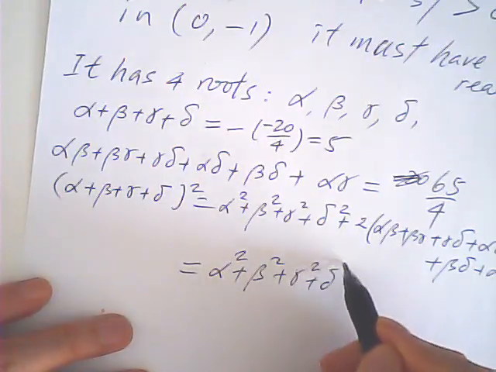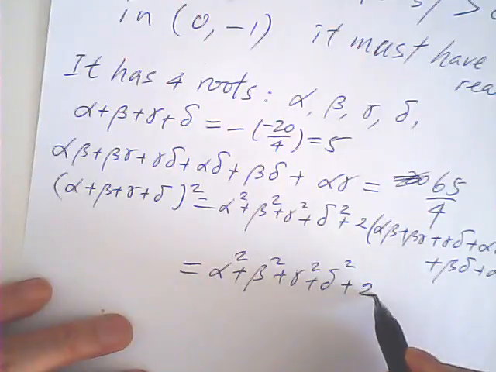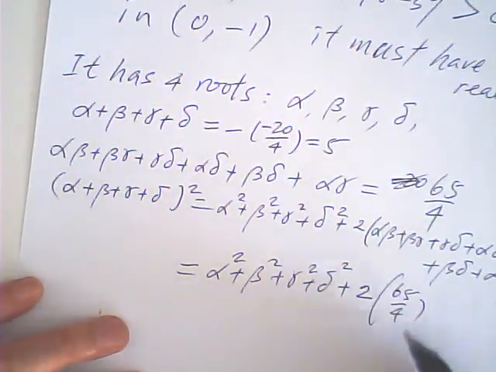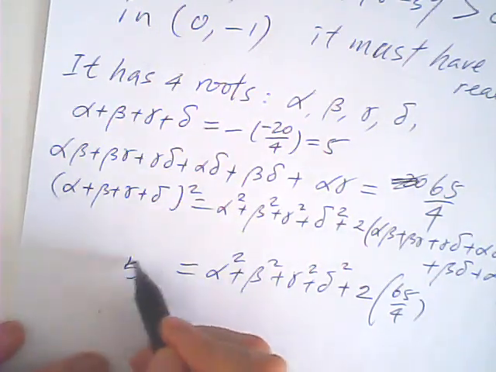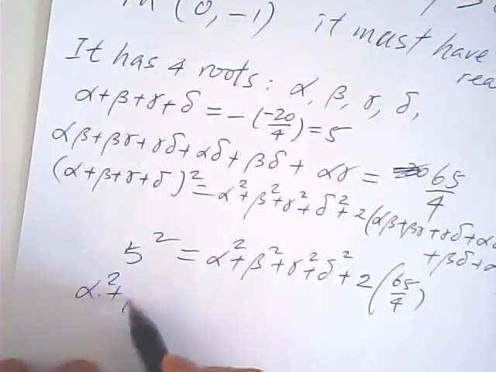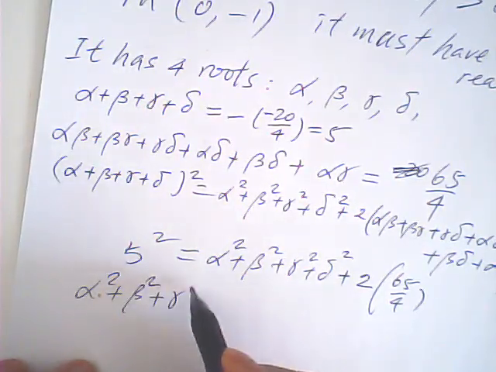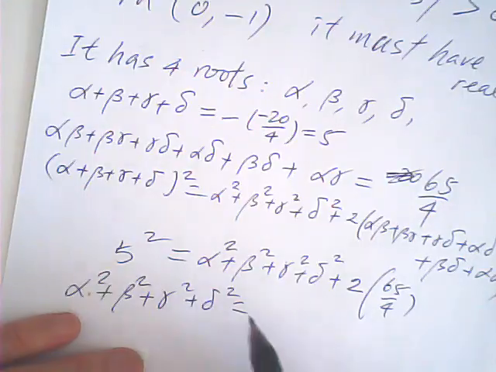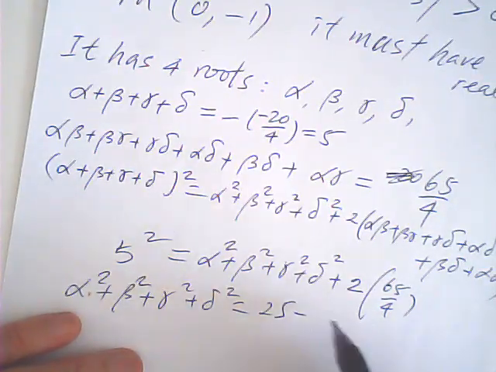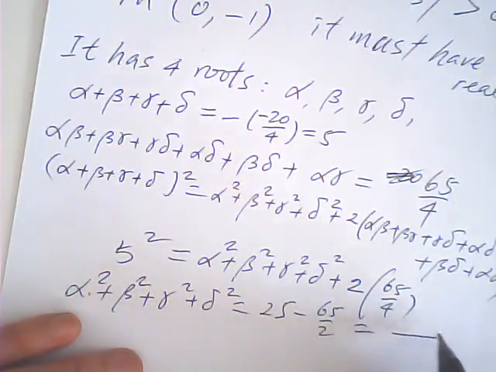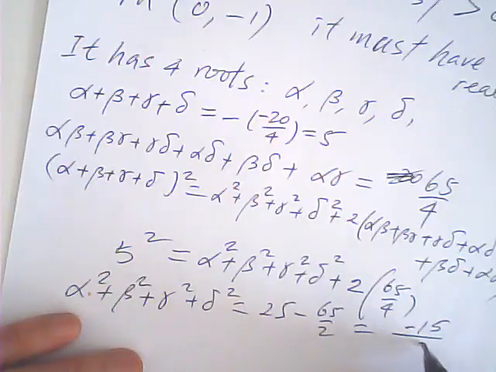This is 65 over 4, and this side is 5 squared. So therefore alpha squared plus beta squared plus gamma squared plus delta squared is equal to 25 minus 65 over 2, which is equal to negative 15 over 2.